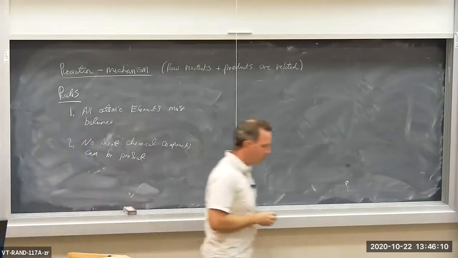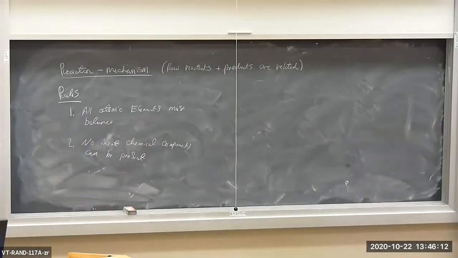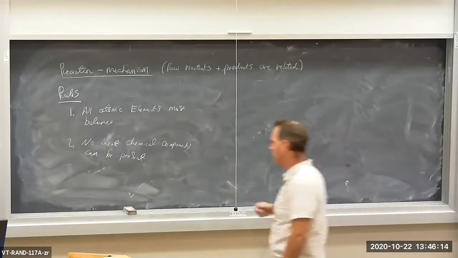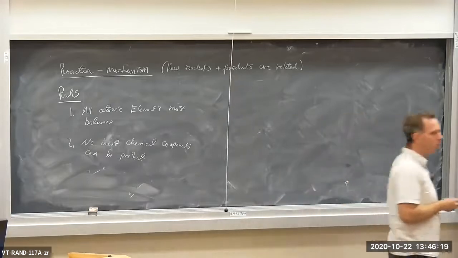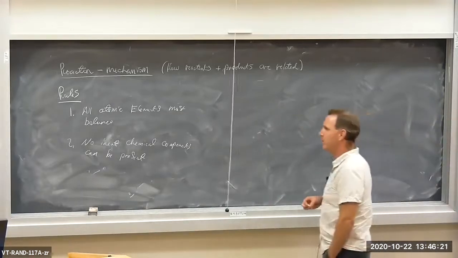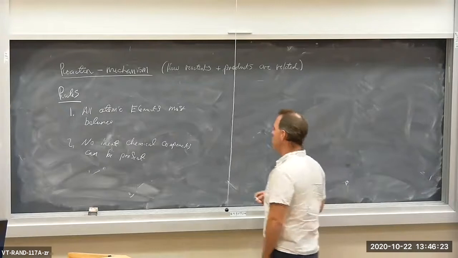We'll apply these rules here in just a moment. So let me show you what this equation looks like, this reaction mechanism that we're going to be doing. Let's do an example here.